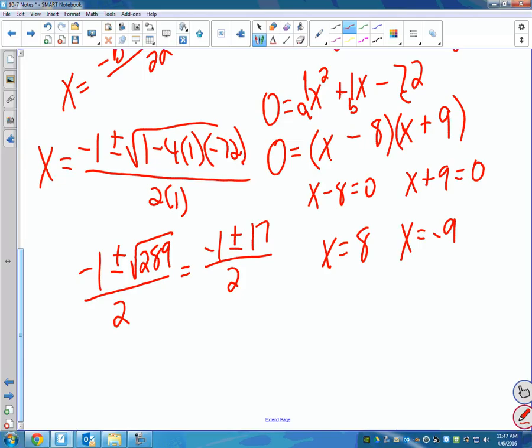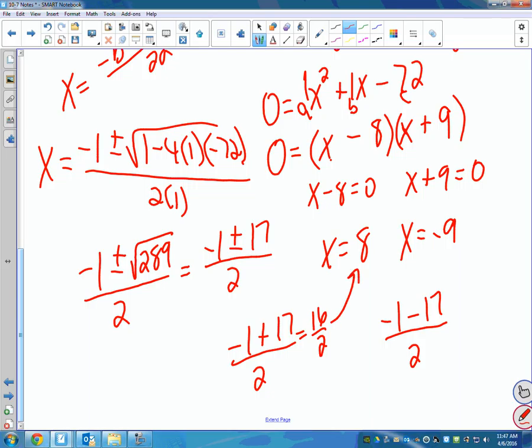One with plus 17, one with minus 17, which should give us these 2 answers, because we're going to get negative 1 plus 17 divided by 2, and negative 1 minus 17 divided by 2. And that gives me 16 over 2, which gives me 8, and negative 18 over 2, which gives me negative 9.